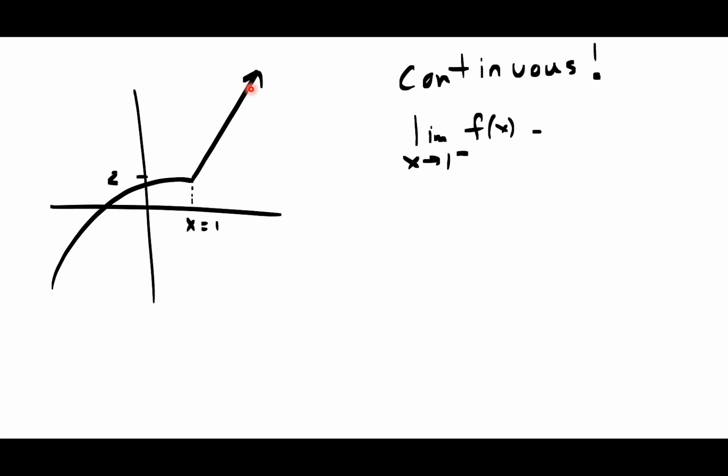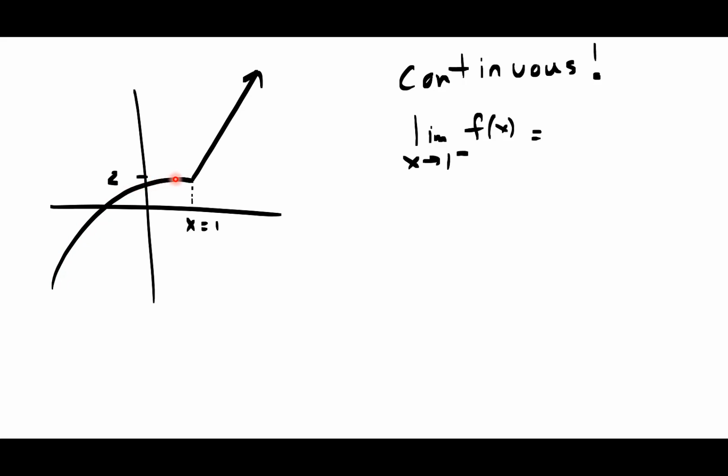is it smooth? So let's talk about this here. Let me back up just a little bit. Let's talk about the function itself, because I want you to understand the difference between function and derivative. So, limits of the function. The limit as x goes to 1 from the left-hand side of the function. How high is this guy going? As we come across here, it looks like the limit is 2.